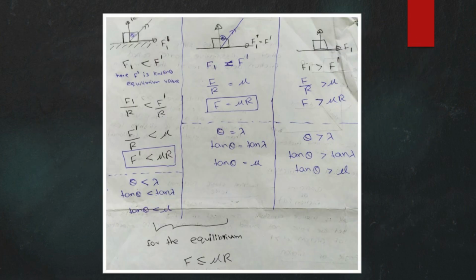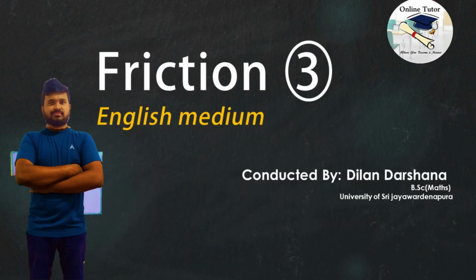Okay, so normally these days they ask inequalities in the friction lessons, right? So inequality means if it is in equilibrium, F dash is less than or equal to mu R. That's all. Then the friction lesson is directly connected to so many statics lessons, which connect to the center of gravity, which connects to normal equilibrium, right?